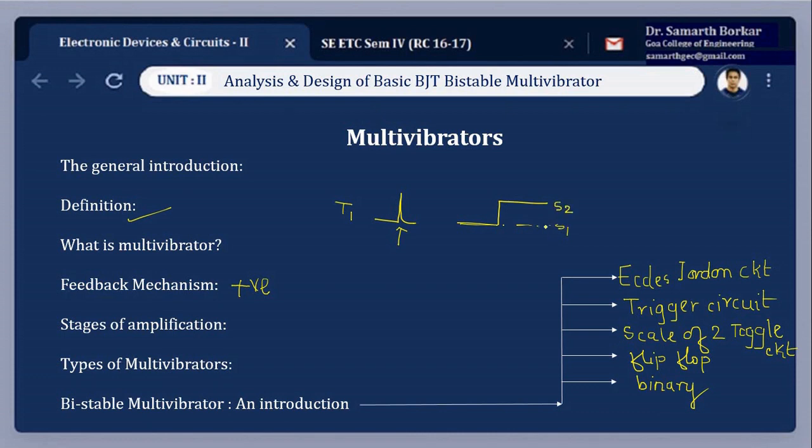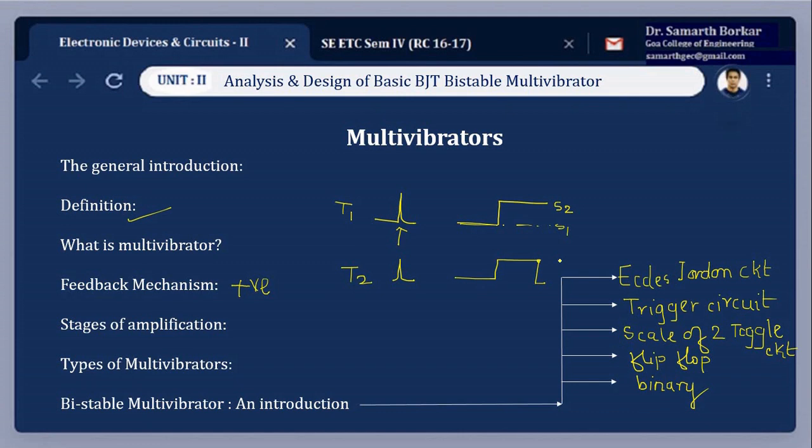Both these states are stable. If I want to change this state, I again need to apply a triggering pulse. The moment I apply the triggering pulse, state 2 will again change to state 1. From high it will go to 0 or low.